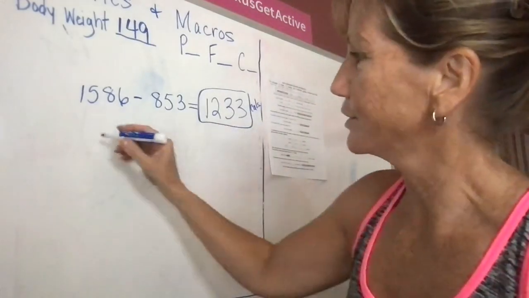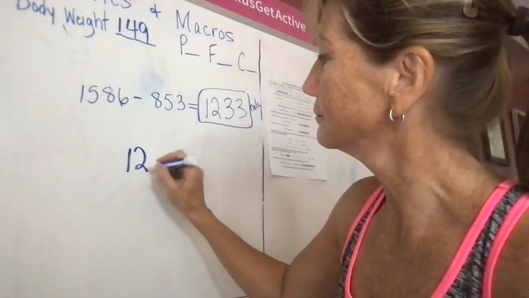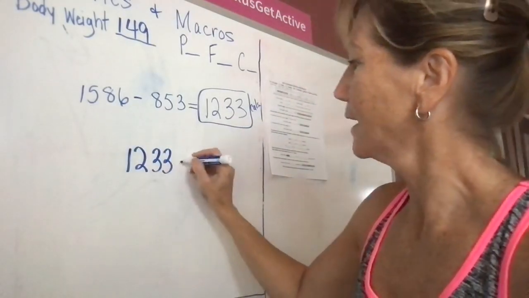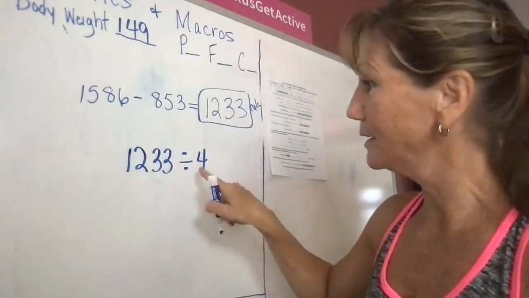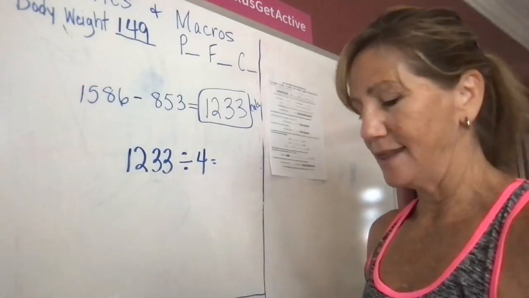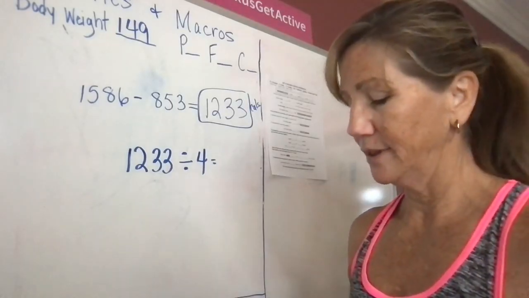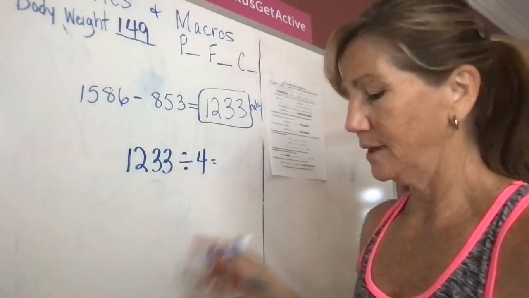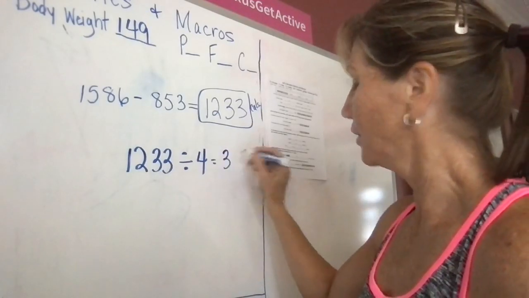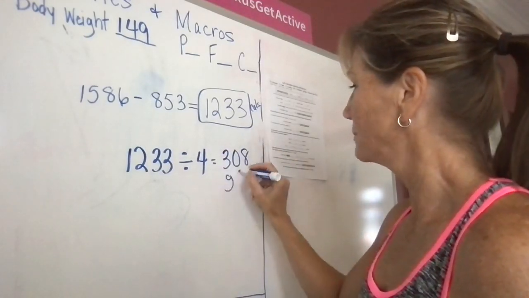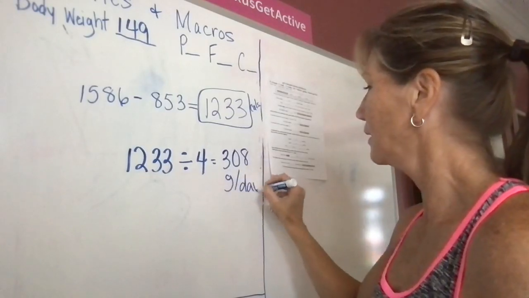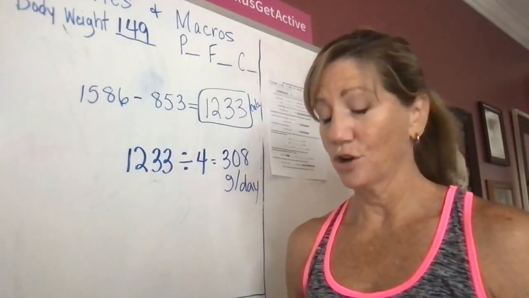So we're going to take 1,233 for me. You're going to put your number there, divide it by 4, and that's going to give our grams that we are permitted. And mine is about 308 grams per day of carbs.